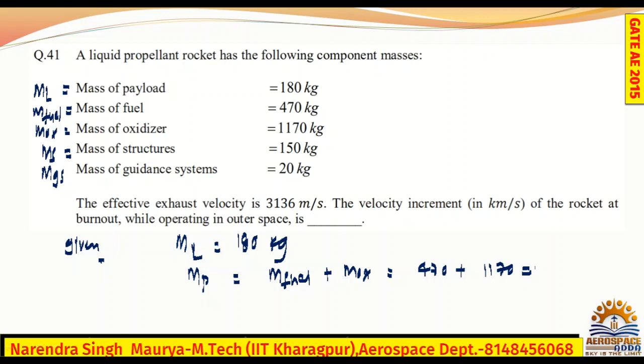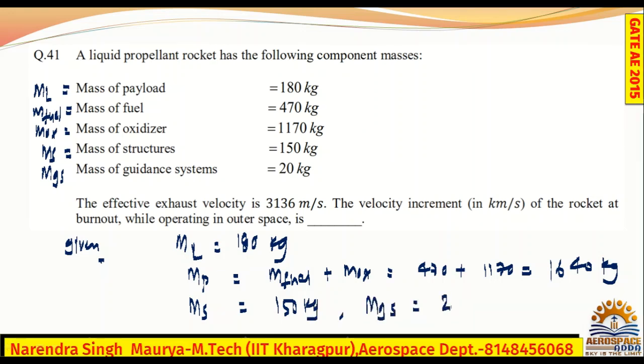So that fuel mass is 470 kg and oxidizer mass is 1170. In two different tanks we have. You know that liquid propellant. So that sum is nothing but 1640 kg. This is the propellant. Mass of structure is 150 kg, and mass of guidance system 2 kg.